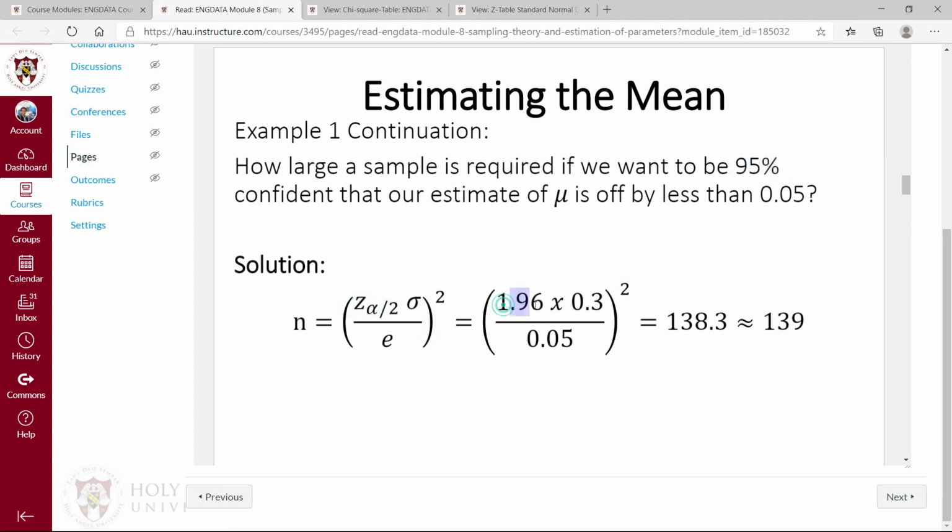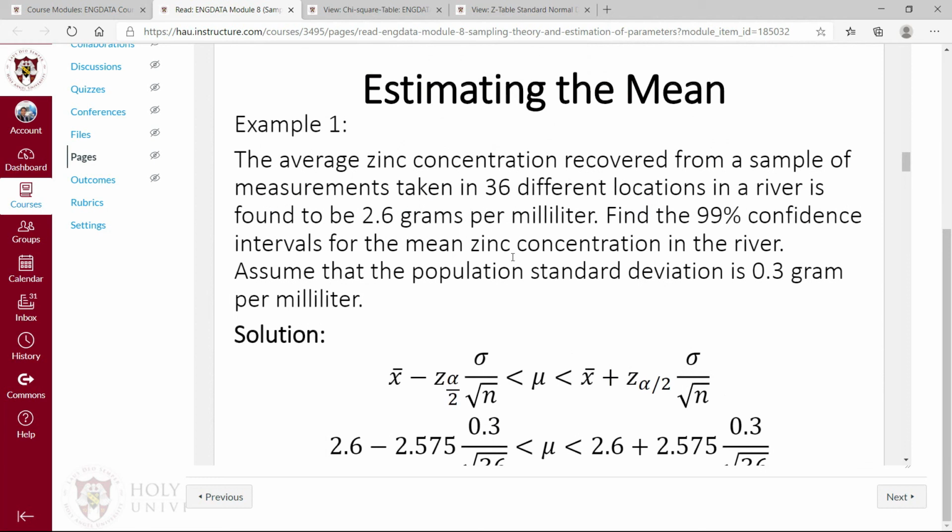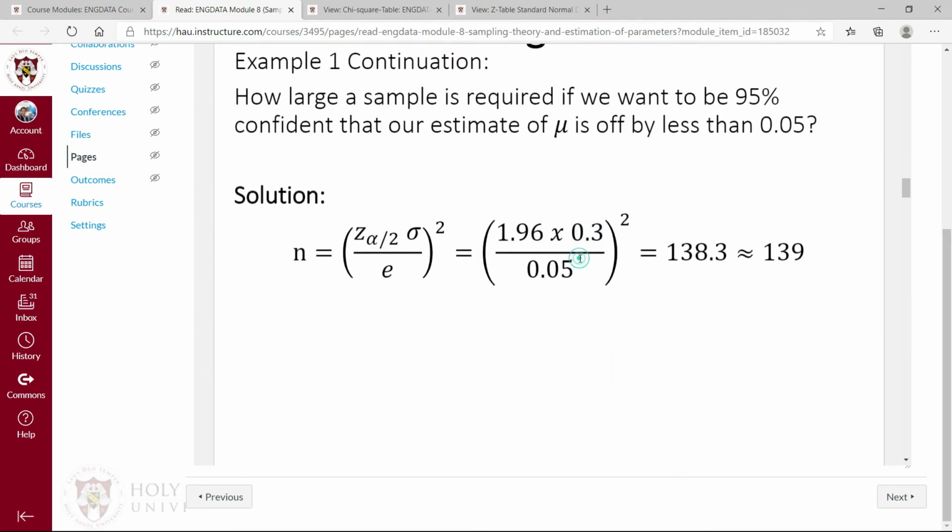We have solved this one. And then the standard deviation of 0.3 based on the given. This is just a continuation of the previous problem. And then 0.05 is the margin of error, and then squared. So you'll have 138.3. Since this is the sample size, you need to round it up. For example, 138.1 should be 139. So the answer is 139 for the required sample size.